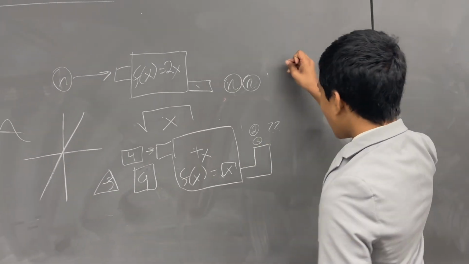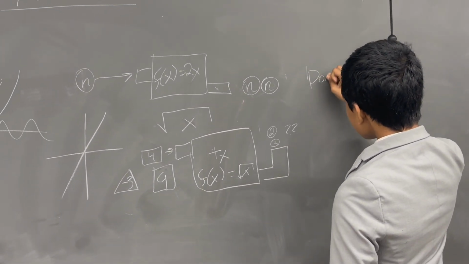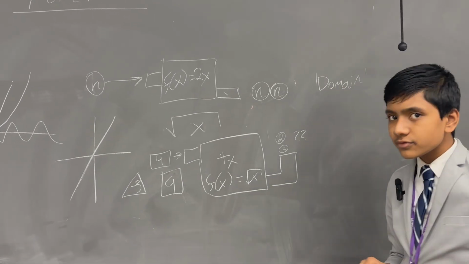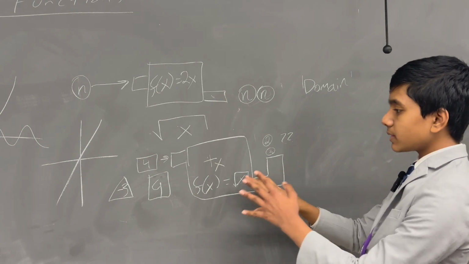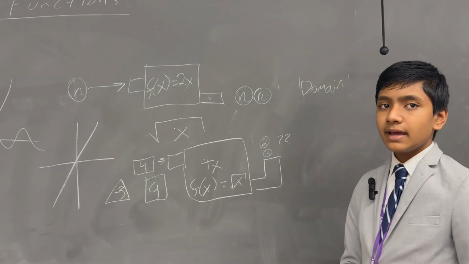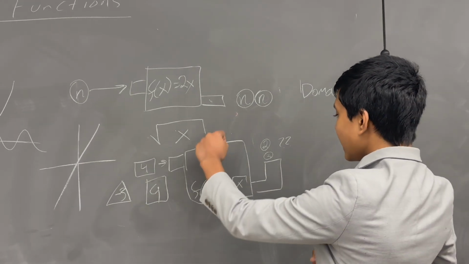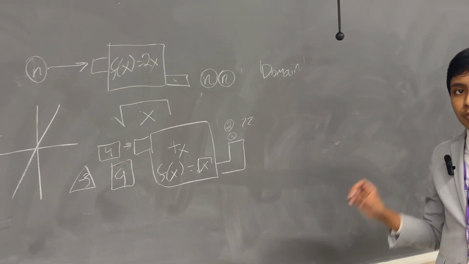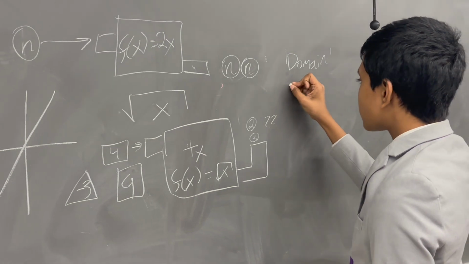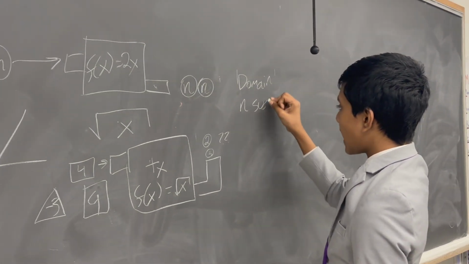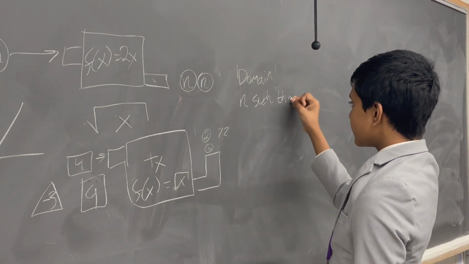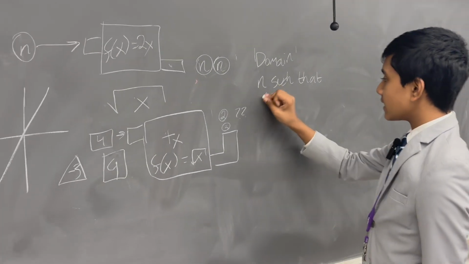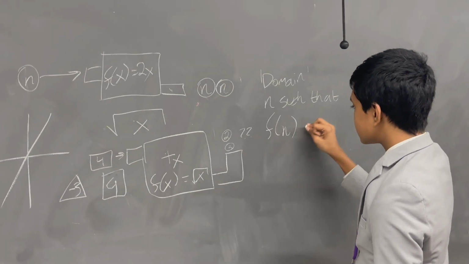So the domain are all of the numbers that this printer can process without being jammed, that this factory can take in and produce a result. So, essentially, a domain is any number n such that f of n exists.